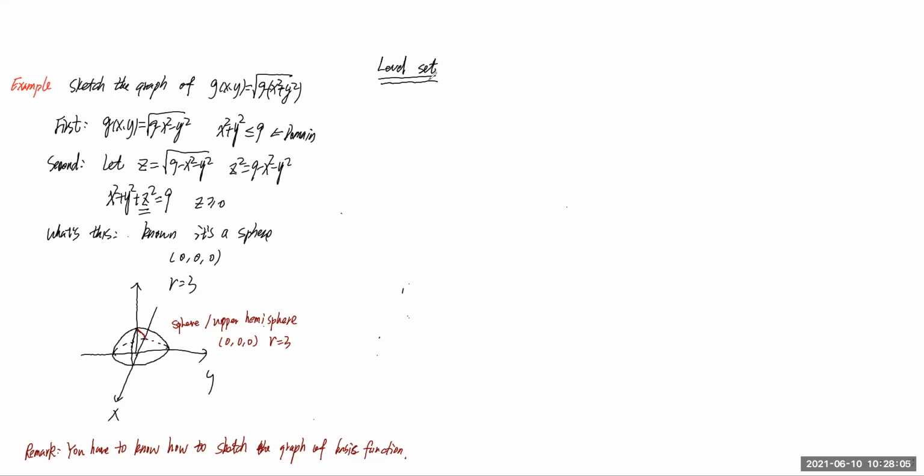So first, if we have a function f from D in R2 to the real numbers R, we can define the level set, where k is a number: the set of (x, y) in D such that f(x, y) equals k.